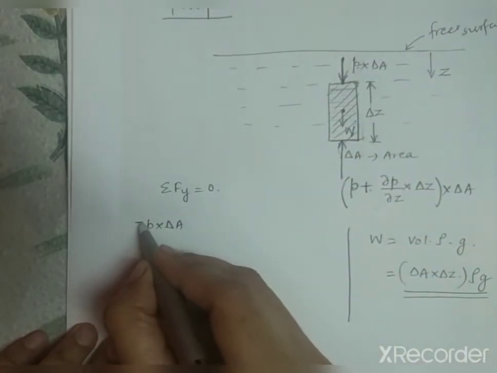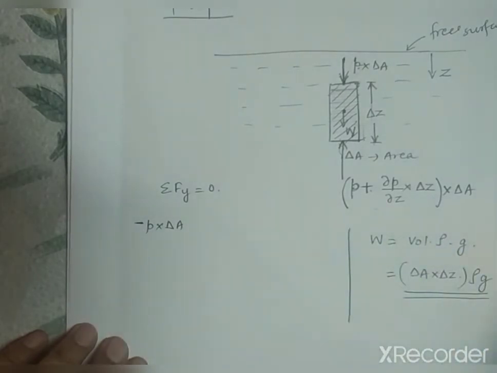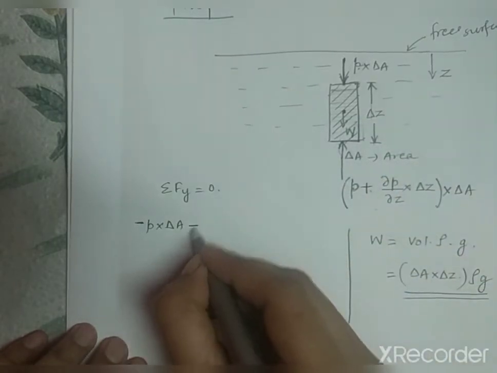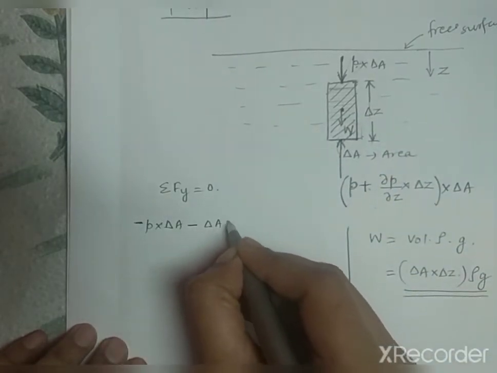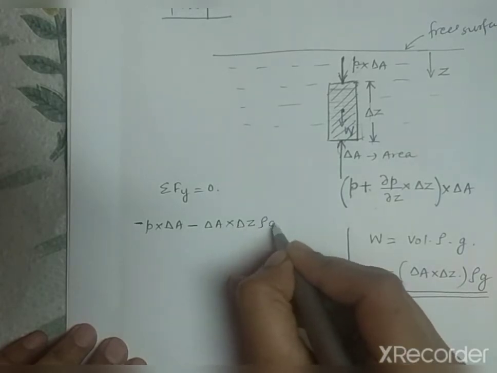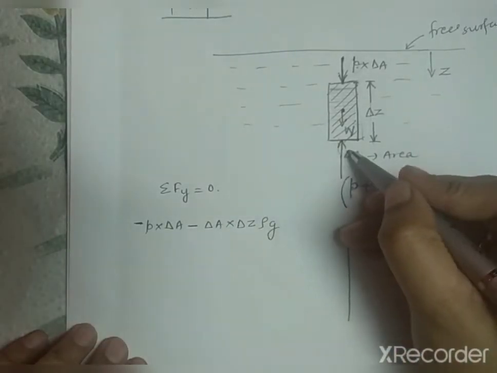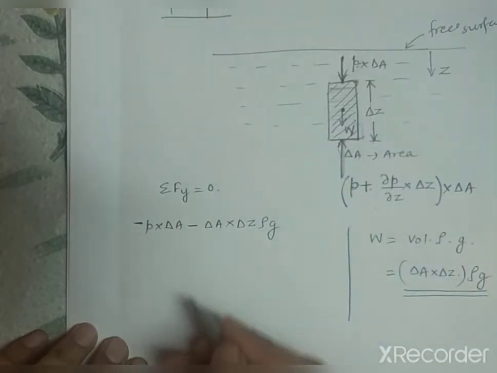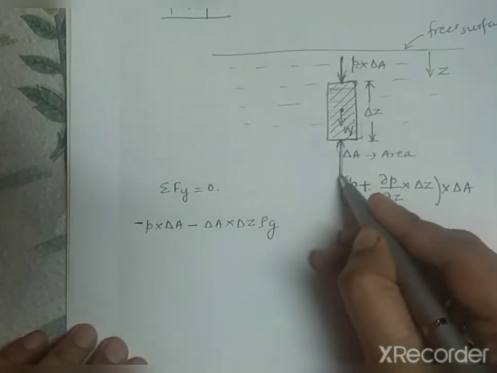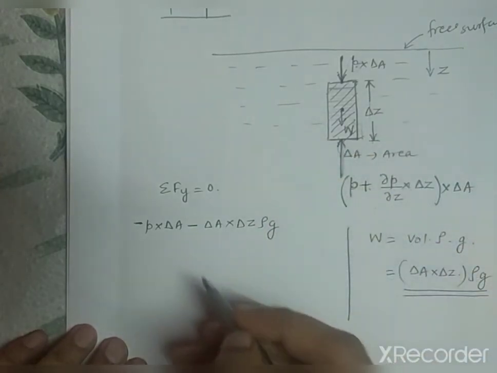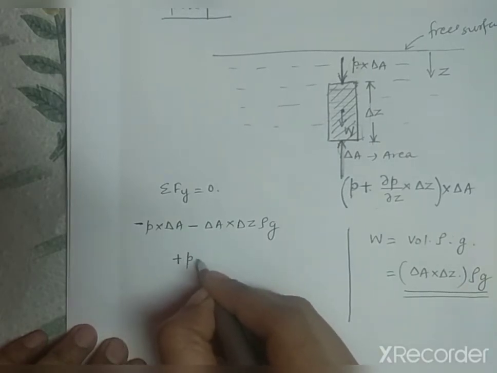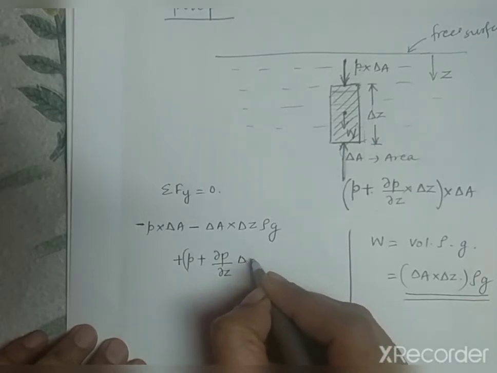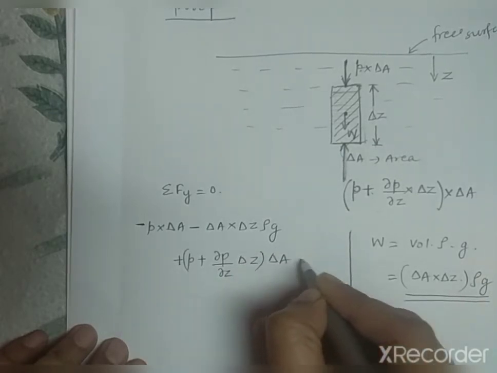W is also negative, that is delta A into delta Z rho g. The next one is the pressure force, which is positive because it is pointing towards the positive y direction. So it is plus P plus dou P by dou Z into delta Z, into delta A, equal to 0.